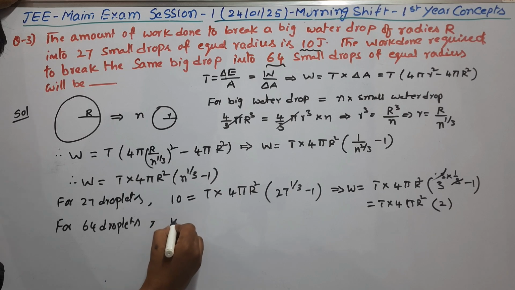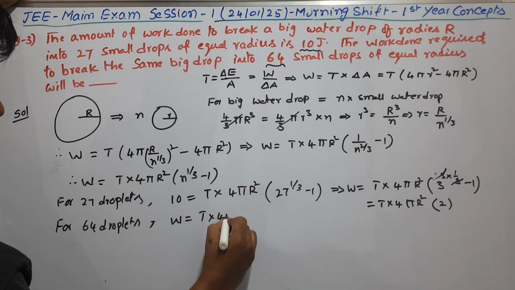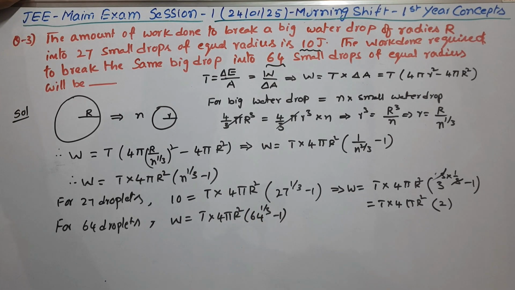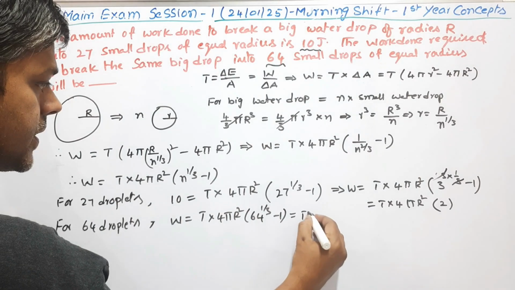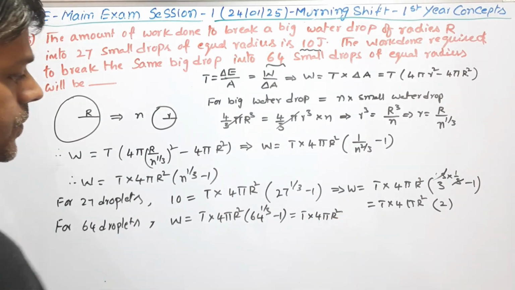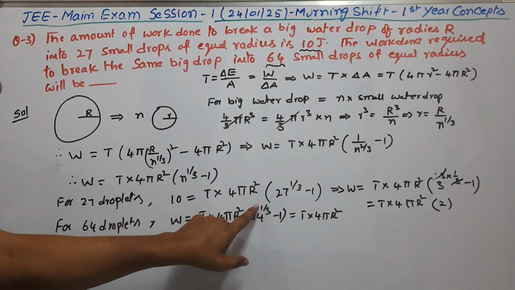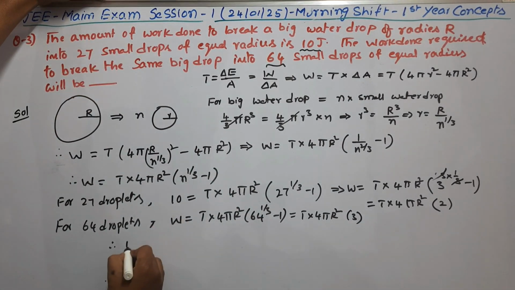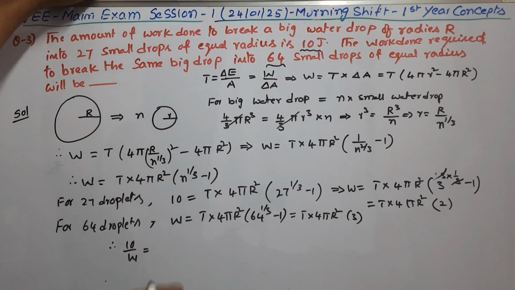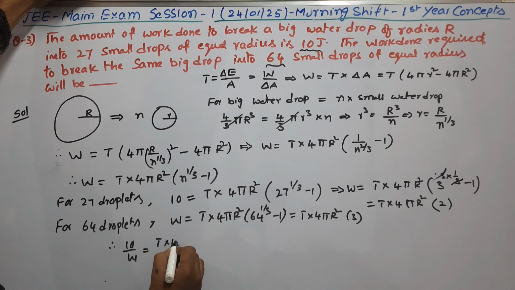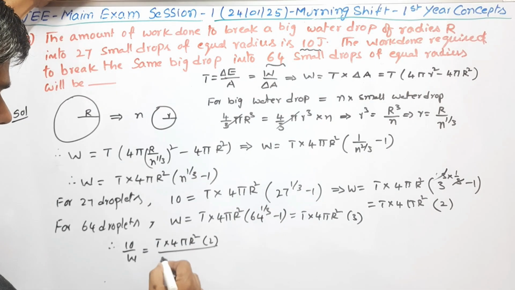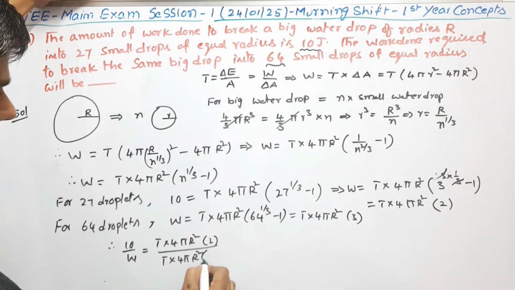Similarly, for 64 water droplets, you do not know the energy, this is what you want to calculate. It is T into 4 pi R square into 64 power 1 by 3 minus 1, which is equal to T into 4 pi R square into 4 cube, power 1 by 3, minus 1, which equals 3. Therefore, comparing these two, 10 by W is equal to T into 4 pi R square into 2 by T into 4 pi R square into 3.